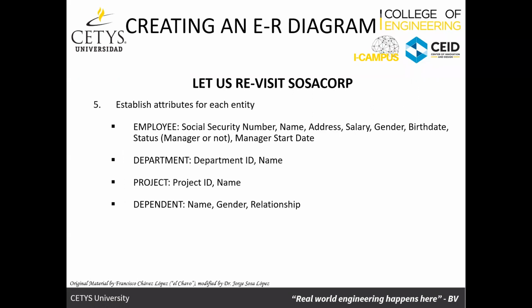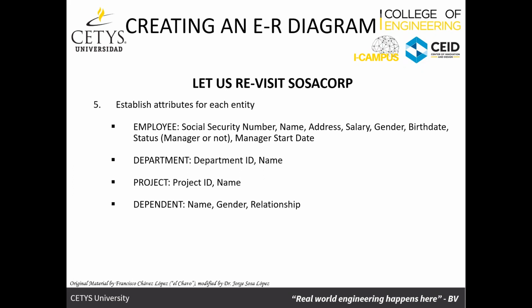We also identify the attributes. But notice one thing. Can somebody tell me? We already identified the attributes, right? For each of the entities. But in the end, we have to take this and put it in a format that we're going to implement in the database. We're going to eventually create tables.